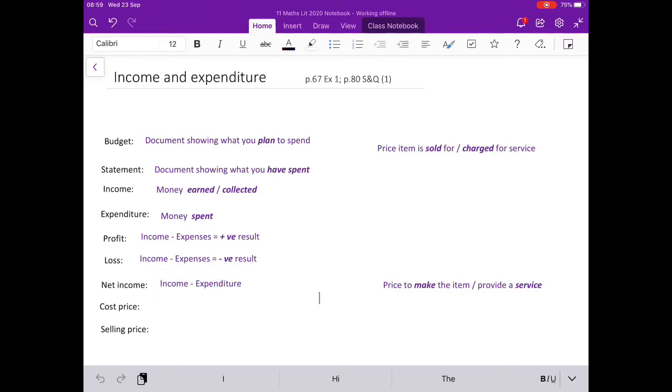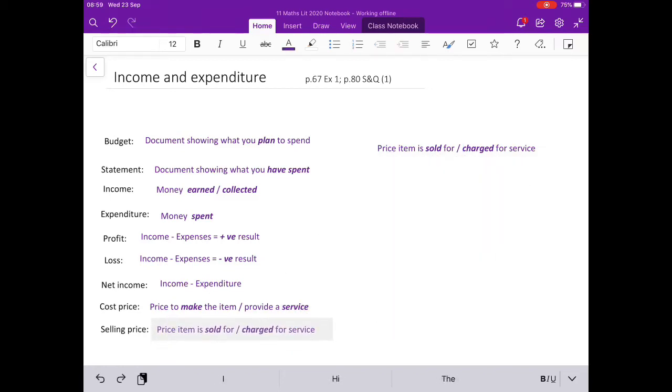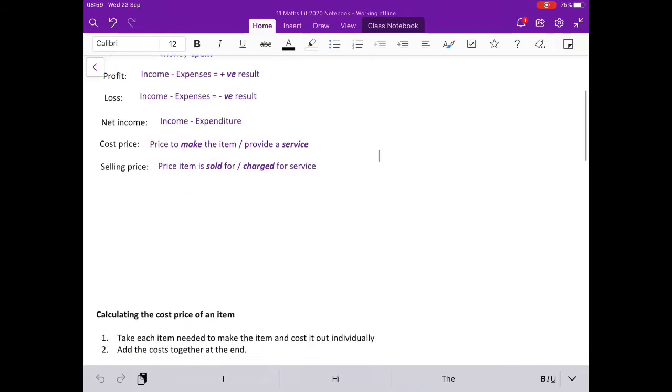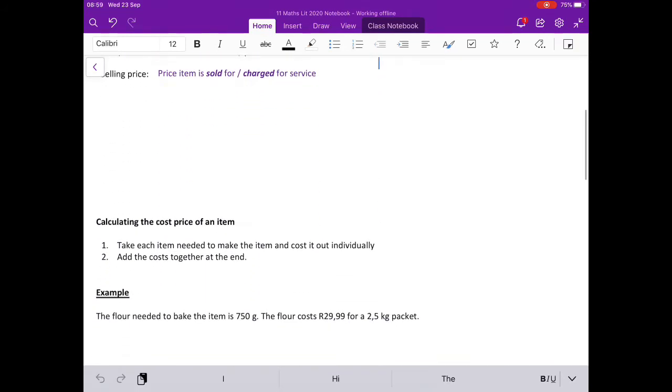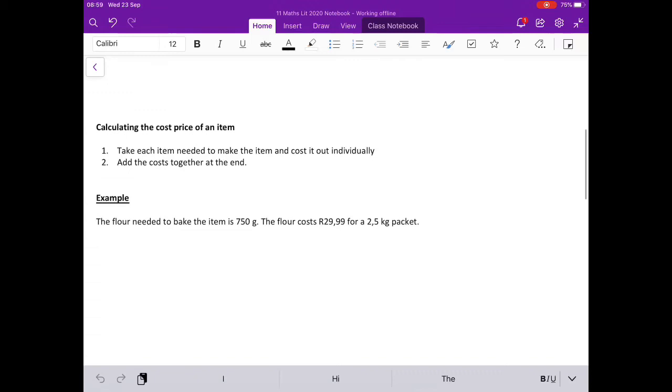Cost price is how much it is going to cost you to make an item or provide a service, and selling price is the price that the item is sold for, or whatever you're going to charge for your service. Let's have a look at calculating the cost price.